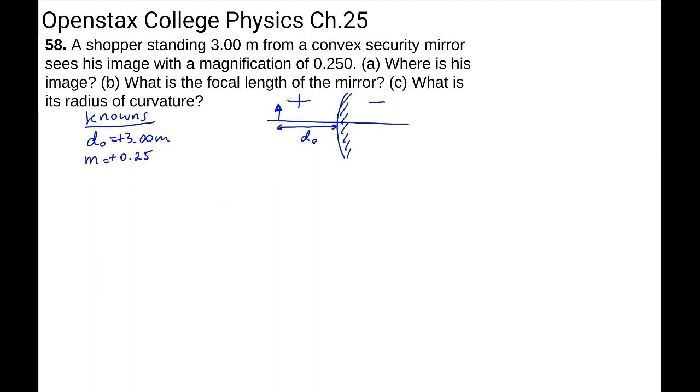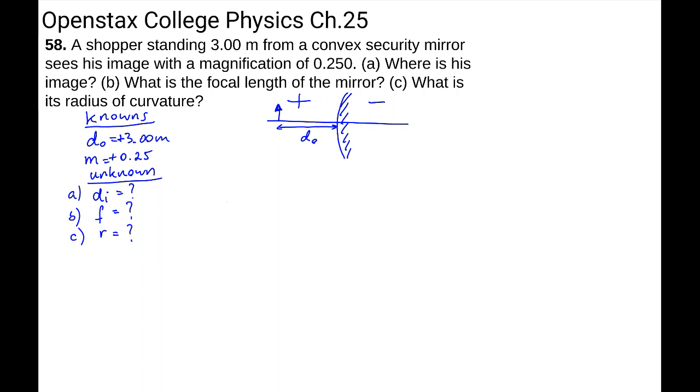So those are the things that we know. The unknowns are where his image is formed, so that is the image distance. That's for part A. For part B, we're looking for the focal length of the mirror. And in part C, we want the radius of curvature.